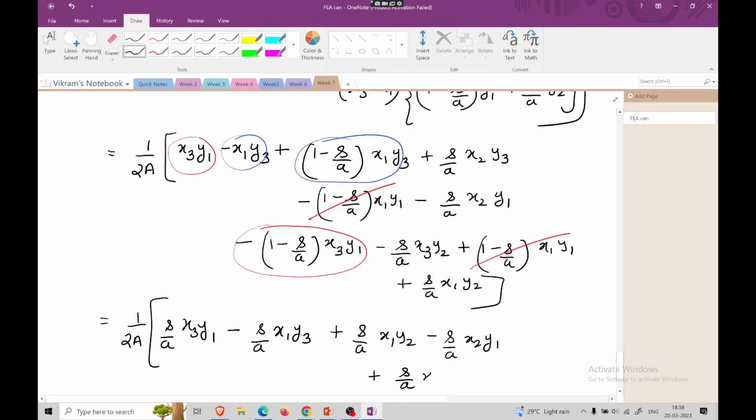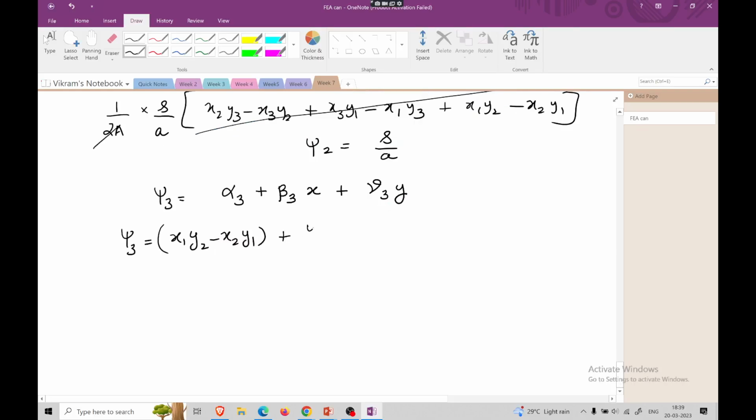Maybe okay, I'll again derive it, no problem. So again alpha 3 is nothing but x1 y2 minus x2 y1, plus beta 3 is equal to y1 minus y2 into 1 minus s by a into x1 plus s by a x2.